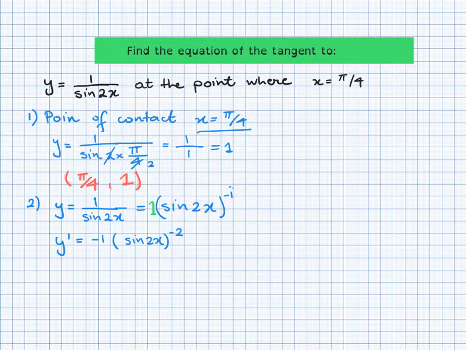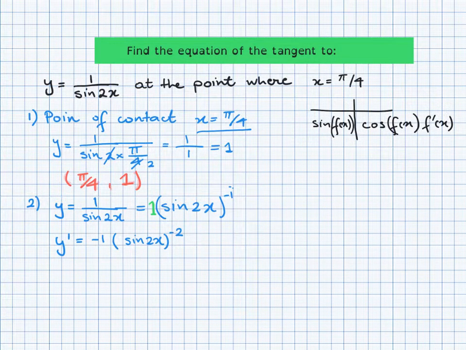The derivative of sin 2x: I'm just going to write here on the side, if a function is given by sin of f of x, the derivative is going to be cos of f of x, and then the derivative of f of x.